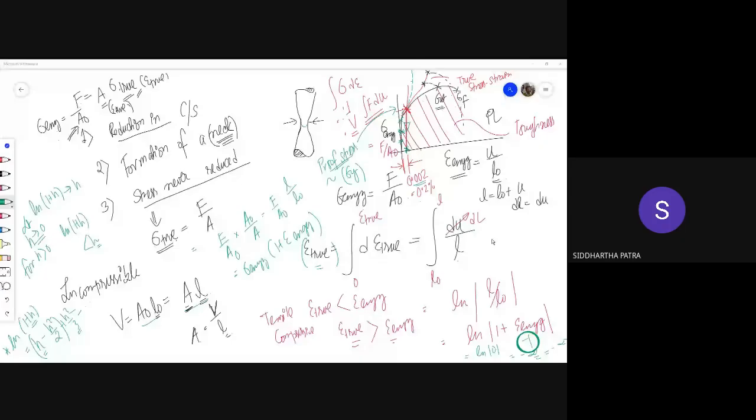So percentage elongation, as we discussed, is the measurement of ductility of the material. The higher the percentage of elongation, the higher the ductility. So that percentage elongation would be measured on not small L0 but capital L0.